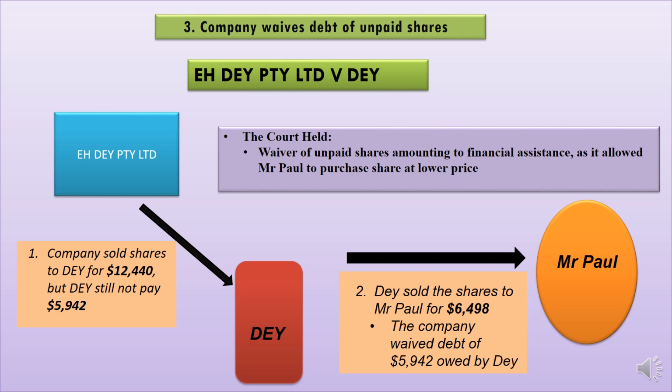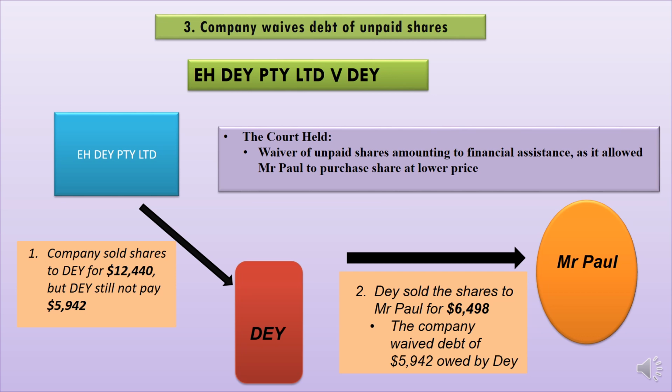So in this case, financial assistance happened when the company helped Day by waiving his debts to the company, so that he could sell the shares to Mr. Paul, so that Paul could acquire the company shares.